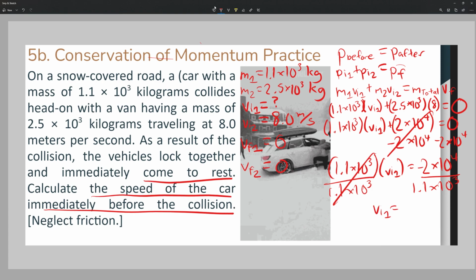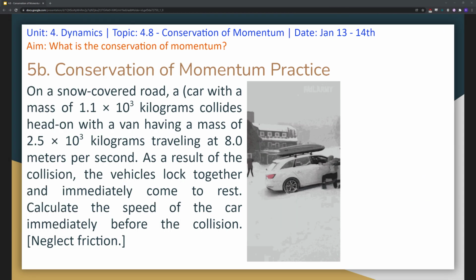And you get negative 1.8 times 10 to the 1, or negative 18 meters per second. I think negative 18.2, negative 18.2. So you'd get this, 1.82, negative 18.2. Okay. And again, we're treating these objects as one, which is why we can just treat the right hand side as like that.